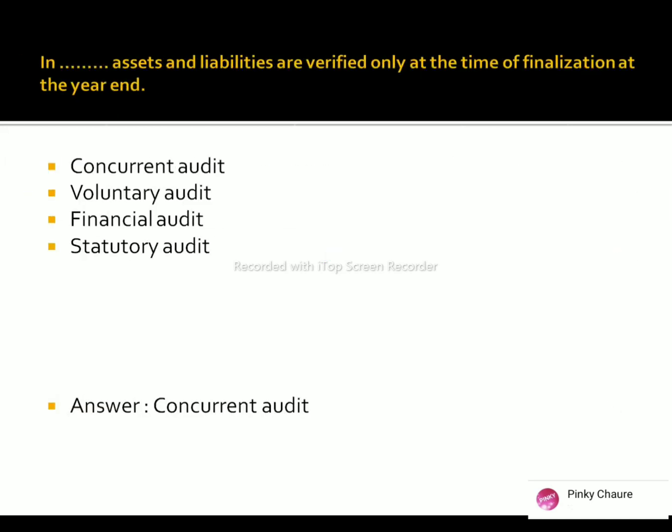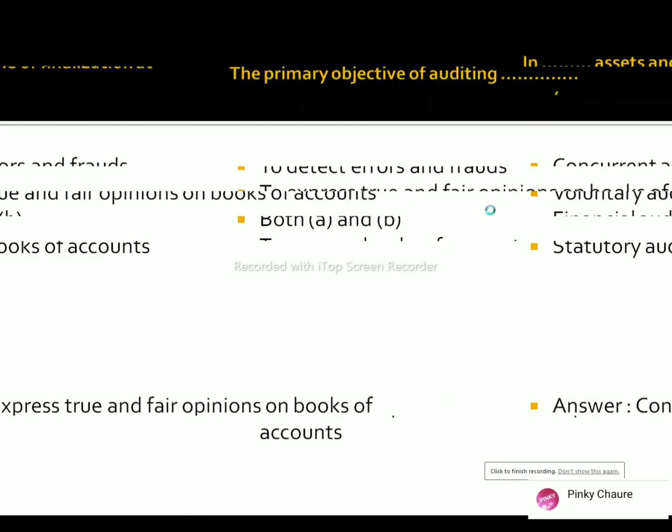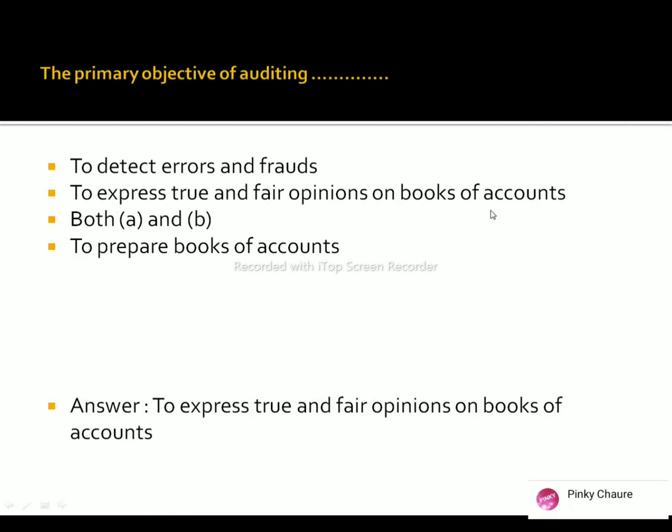In dash, assets and liabilities are verified only at the time of finalization at the year end. Option is concurrent audit, voluntary audit, financial audit, statutory audit. Answer is concurrent audit. The primary objective of auditing is dash.